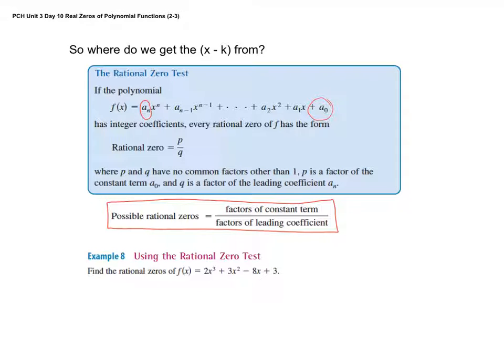So, for example, on this one down here, example 8, what are the factors of 2? 1 and 2. And the factors of 3? 1 and 3.